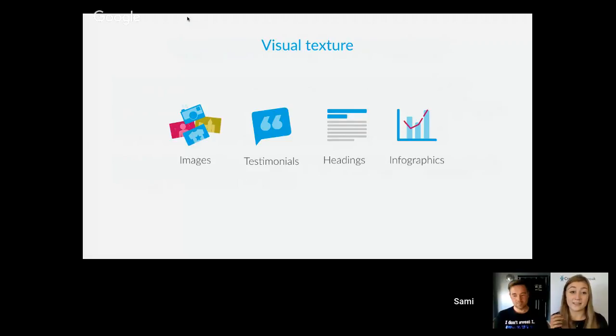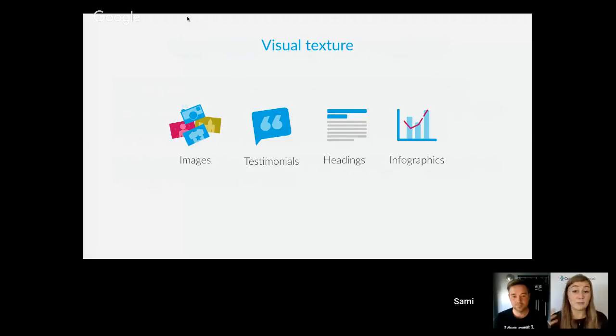So we're talking about things like images, testimonials from, for example, for Kevin, people who've been to his classes and love it, and breaking up big blocks of text with headings is really important. So someone can skim through the page and quickly find the bit that they want to read. Just makes it much easier to read.